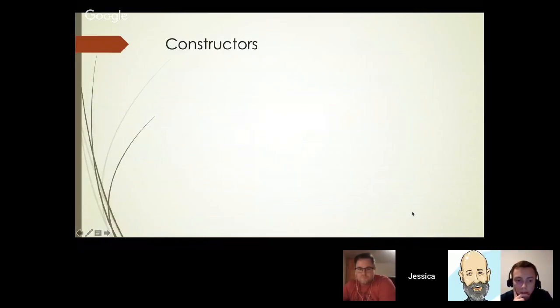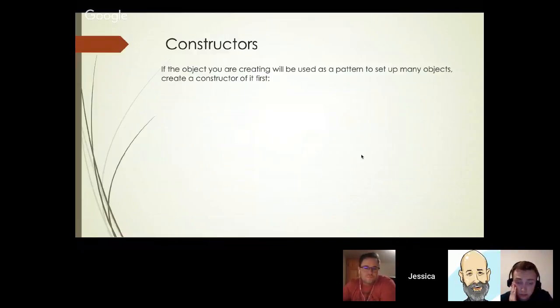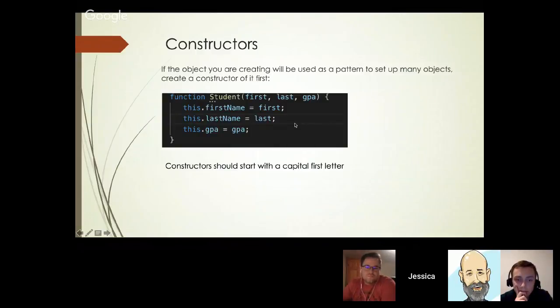So you can also have constructors. I have my object of a student, but if this was for a classroom, and I'd have a lot of different students, I would want to use the constructor as a blueprint, just like in any other object language. To make this a constructor, the student would need to be capitalized.